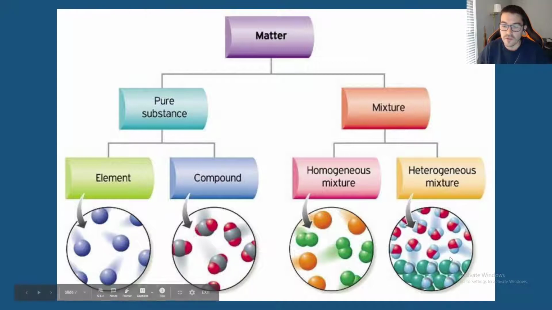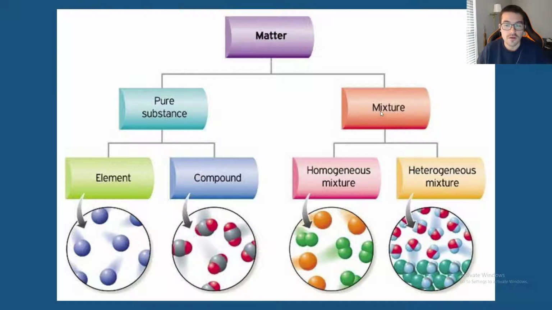Same thing over here, we've got these shapes which look different than these down here. Whereas over here, all the particles inside look the same. So mixtures can be one of two categories: homogeneous mixtures and heterogeneous mixtures. These prefixes, homo and hetero, mean something. Homo means same and hetero means different.